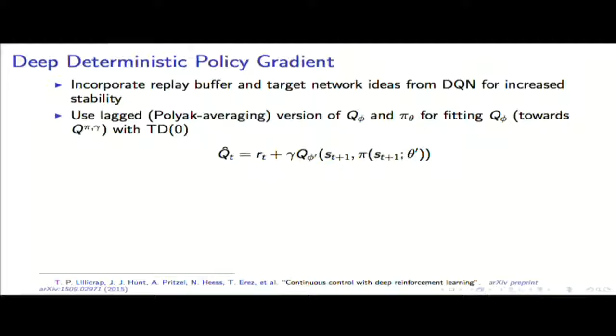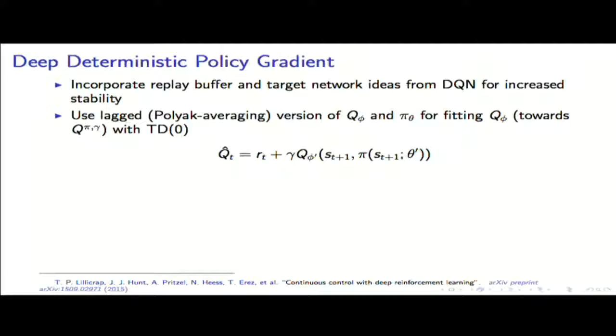And second, you're getting pretty biased policy gradient estimates. So you also don't necessarily see very monotonic behavior. So they introduced some ideas from DQN to improve the stability and the performance. Instead of using the latest Q function to update the policy, they used a lagged version of the Q function, which is analogous to using a target network in DQN.